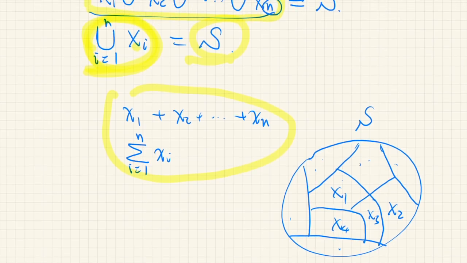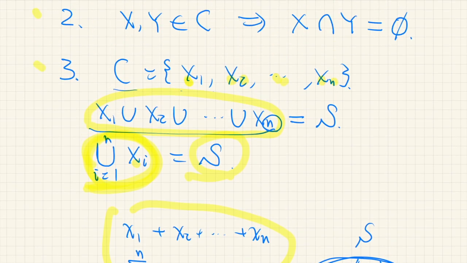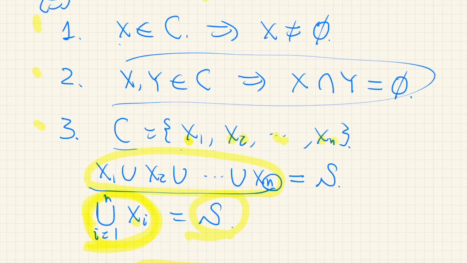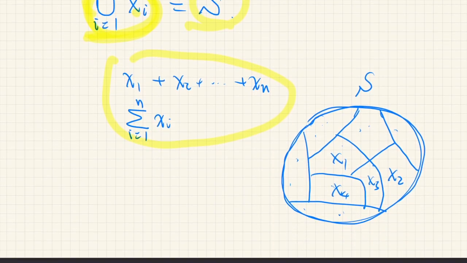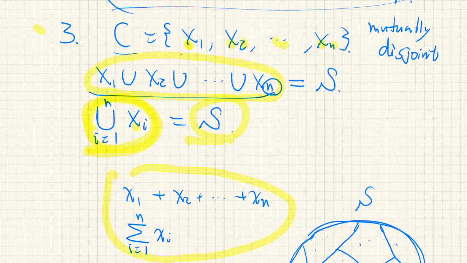And together, if we take the union of all these subsets, then we can recover the entire S. We call this property mutually disjoint, and the third property collectively exhaustive.